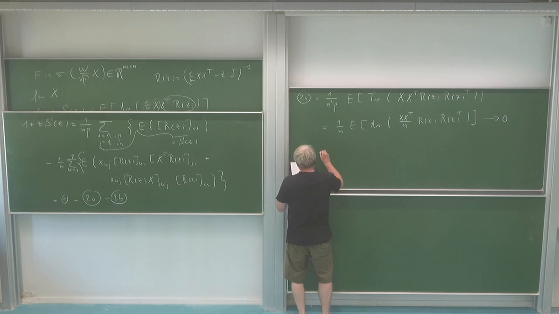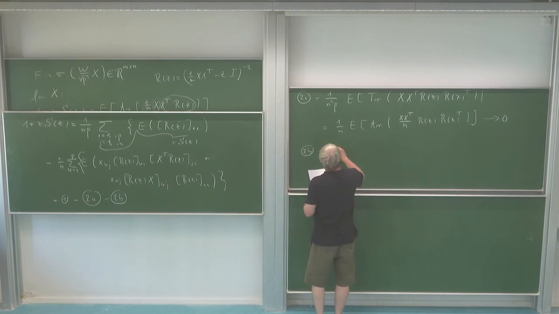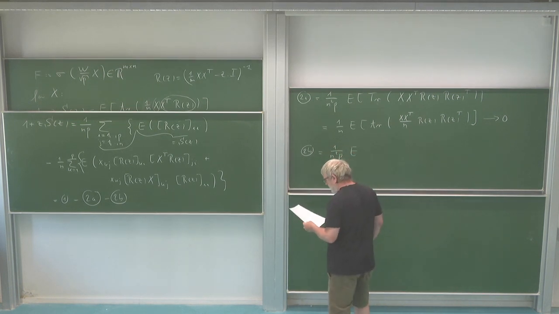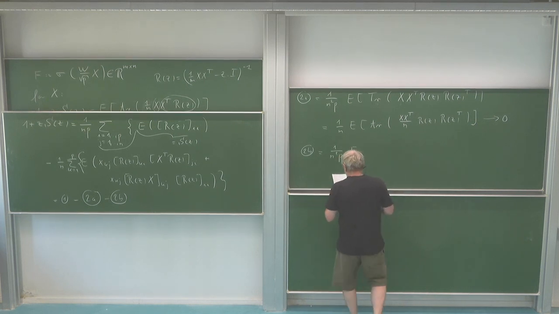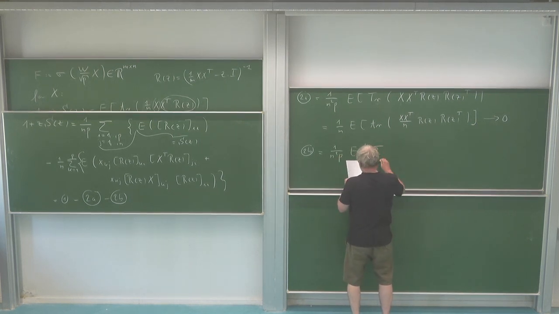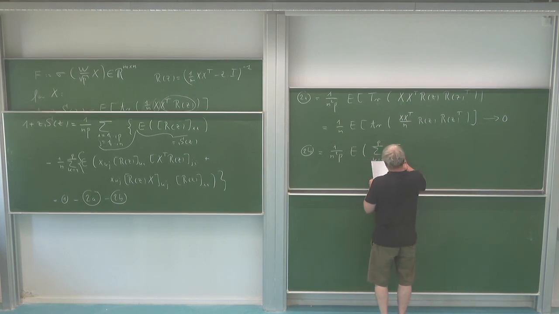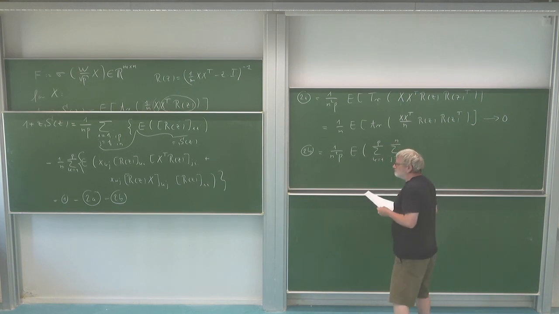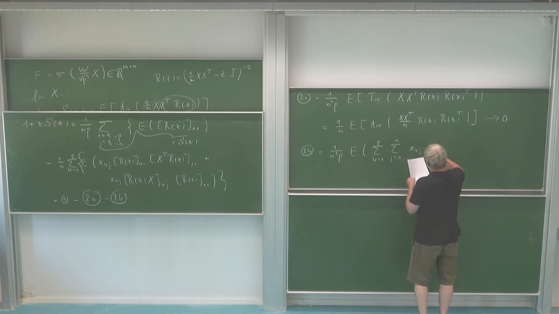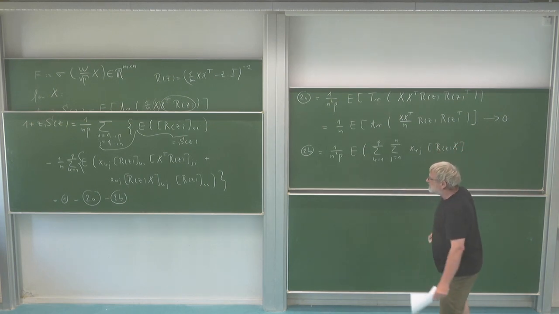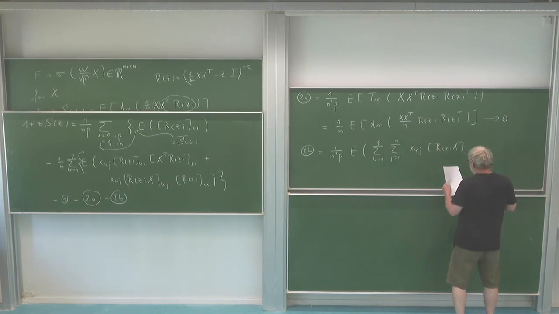So this term 2b. What is this? This is 1 over N squared P, and then I have the expectation. Let me distribute the summations to where they belong. So I have the sum k from 1 up to P, and the sum j from 1 up to N, and then I have X_kj times R set X, and of this I take the kj entry.